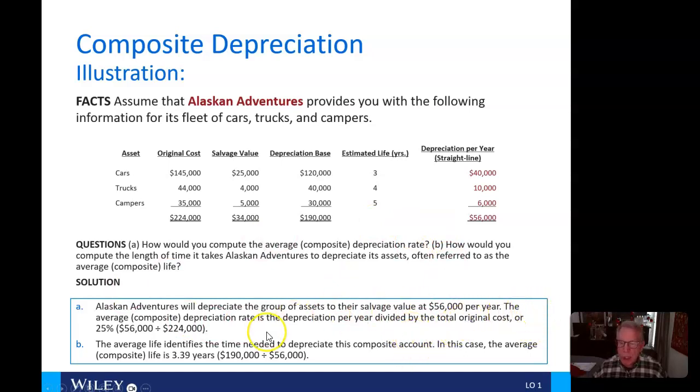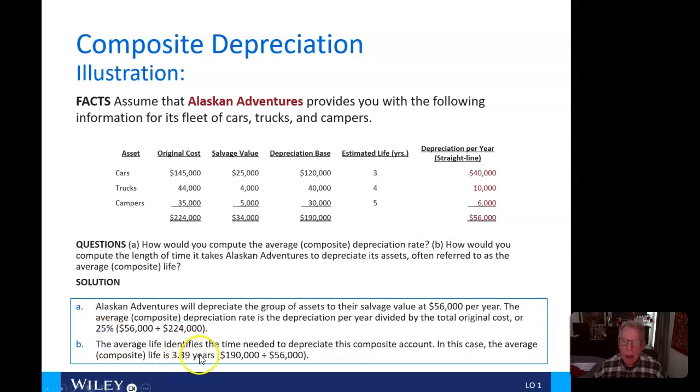The average composite depreciation rate is the depreciation per year divided by the original cost, or 25%. So we're going to take the $56,000 depreciation per year in total and divide it by the $224,000 original cost, and that is going to be 25%.